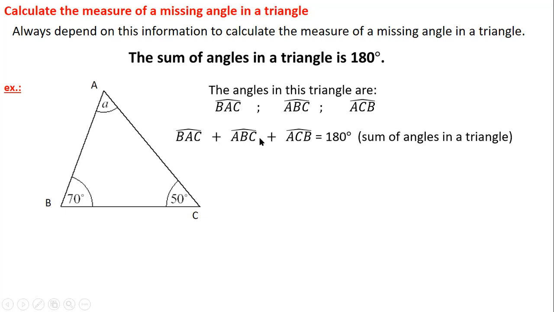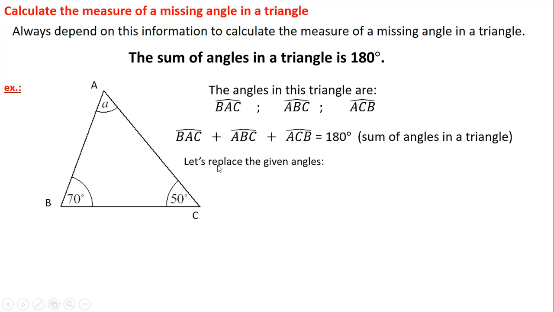Plus ABC, its measure is 70 degrees. So ABC, the name, I replace it by the measure 70 degrees. Plus the measure of angle ACB is 50 degrees. So I replace the angle ACB by 50 degrees, equal 180 degrees.